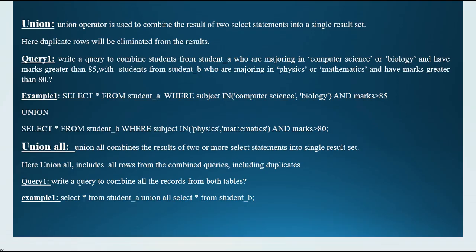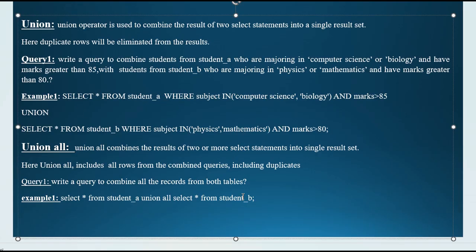When we combine, it returns the unique values, so it deletes the duplicate results. Here is a query: combine the students from student A who are majoring in computer science or biology and have marks greater than 85 with the students from student B who are majoring in physics and mathematics and have marks greater than 50. So here we are searching for marks in specific subjects from two tables.